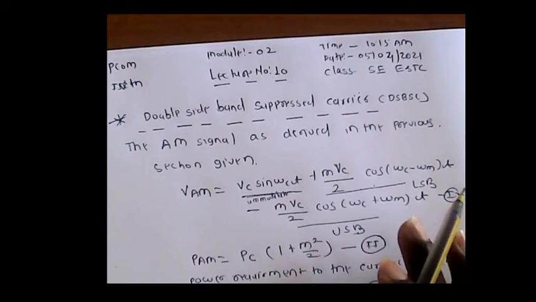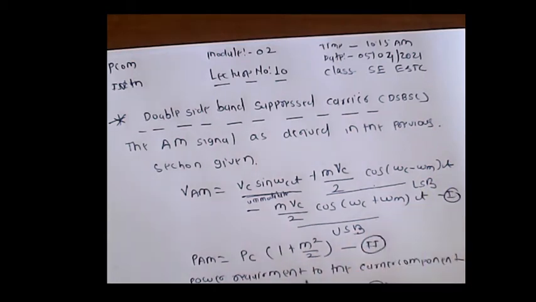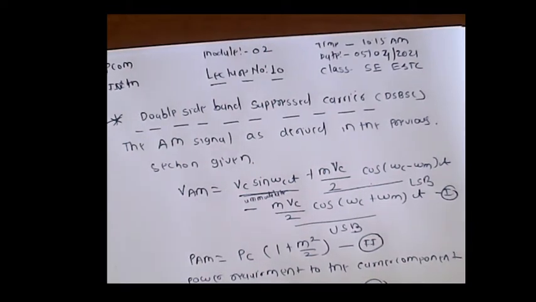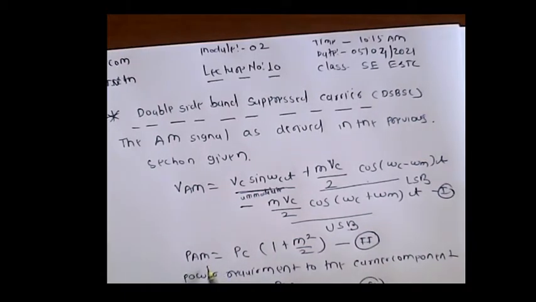So this equation represents the full carrier modulation technique. So double sideband full carrier wave can be represented by this mathematical equation. If we calculate the power component which is required for the carrier, that can be given by the relation of the power in terms of the power of amplitude modulation.